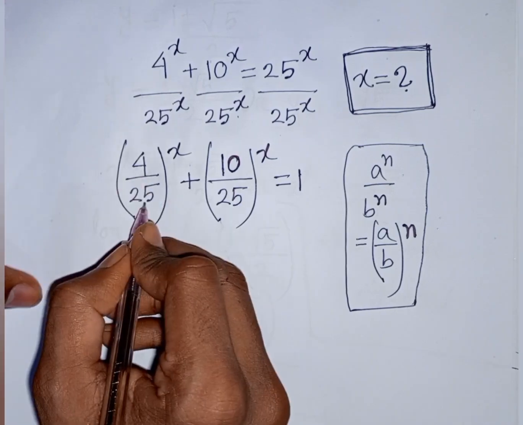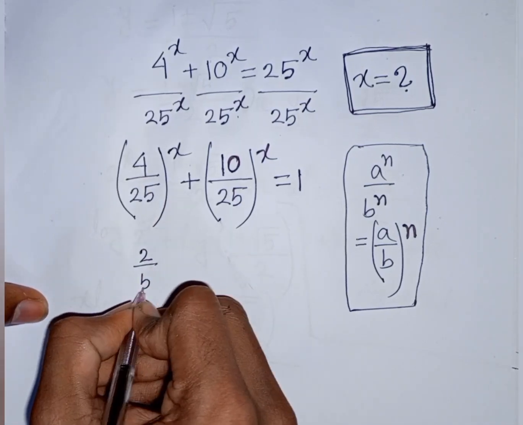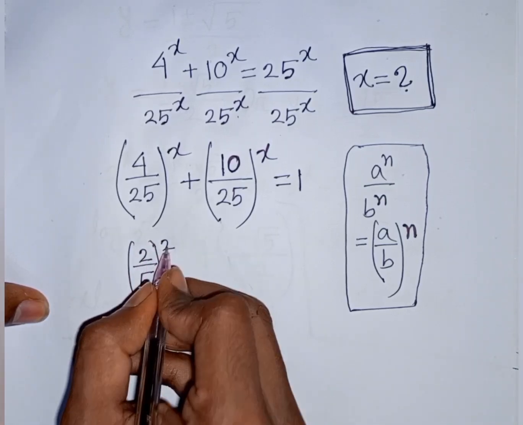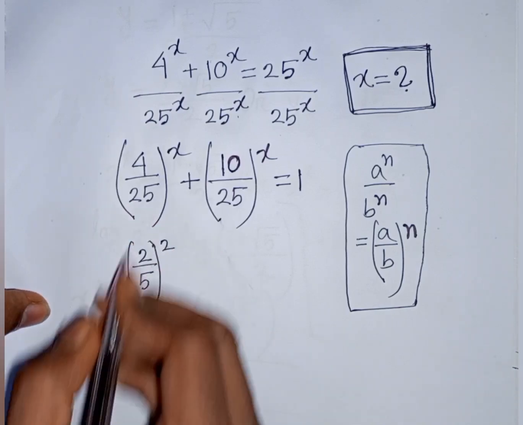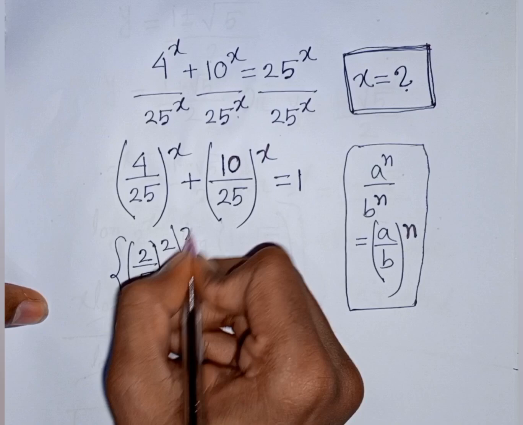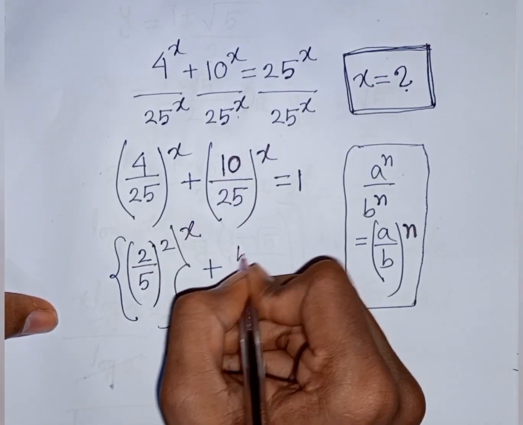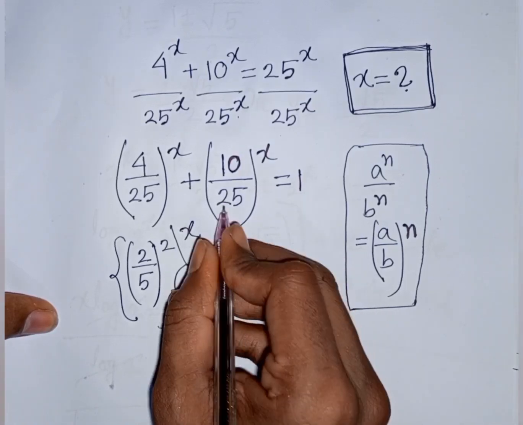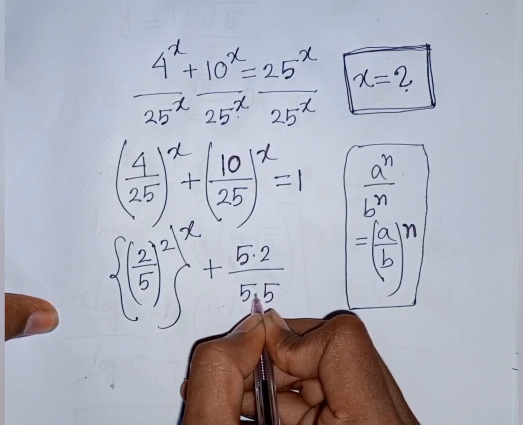Now 4 by 25 can be written as 2 over 5, then bracket power of 2. 2 square is the same as 4, 5 square is the same as 25. Then this first bracket can be written as the second bracket, then power of x, plus 10 is the same as 5 times 2 over 25, which can be written as 5 times 5.